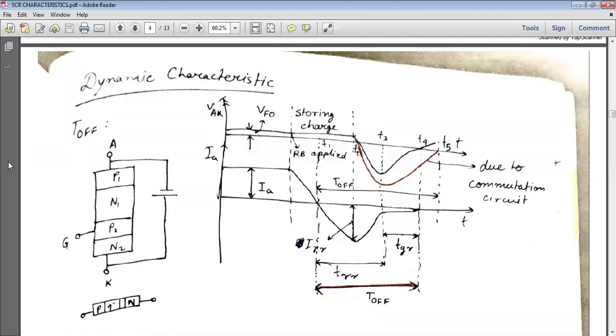Now at T4, the reverse biased voltage is 0, but it still has some charge from T4 to T5. From T4 to T5, it recovers charge from J2. So at T5, J1, J3 are forward biased, J2 is reverse biased. From T1 to T5, it is called circuit turn-off time.